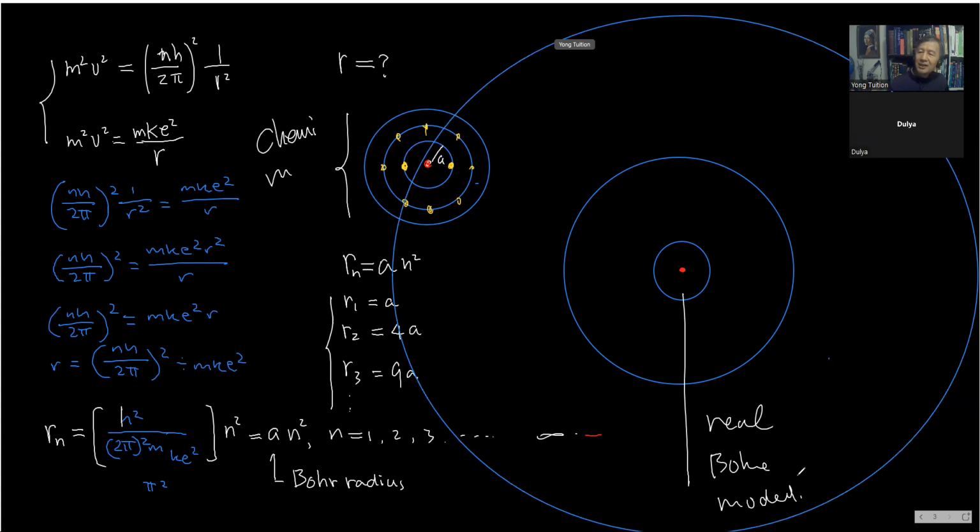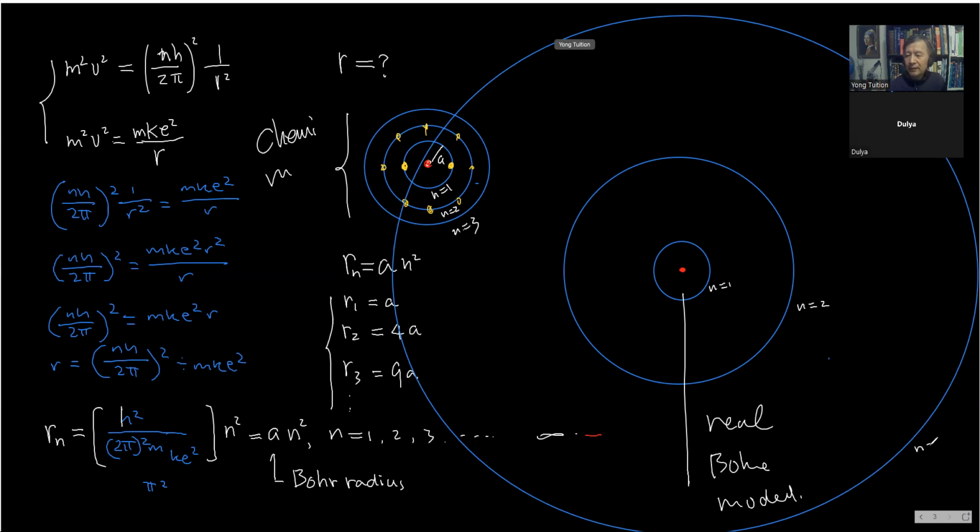So it doesn't make much sense, do you agree? Because according to Bohr, as n increases, n equal to 1 is the first shell, n equal to 2, n equal to 3. Are you still learning chemistry? That doesn't make sense.